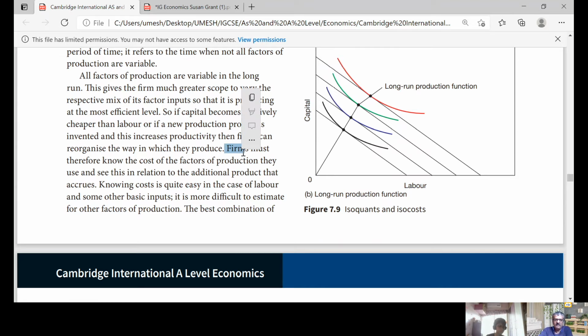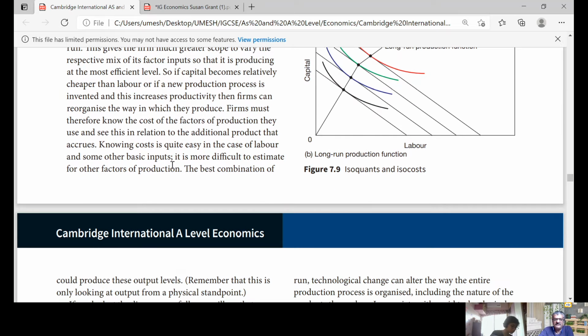Firms must therefore know the cost of the factors of production they use and see these in relation to the additional product that occurs. And for that purpose, what is known, bacha? This is a very important line. Whenever a firm wants to change anything, for example, Dada decides that you are not going to stay here, you are going to go somewhere else.